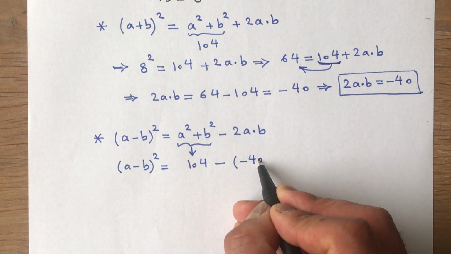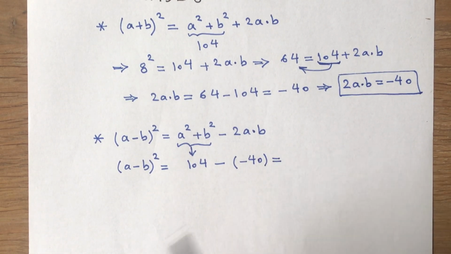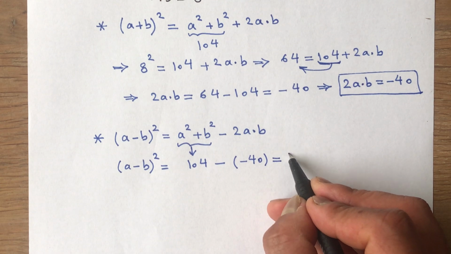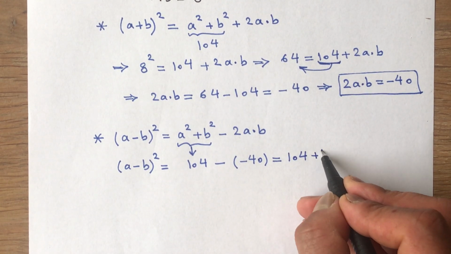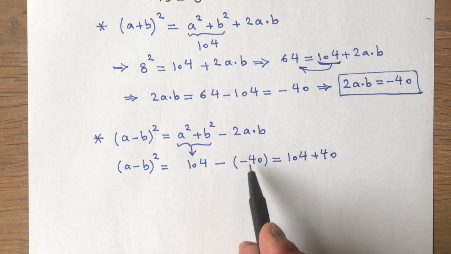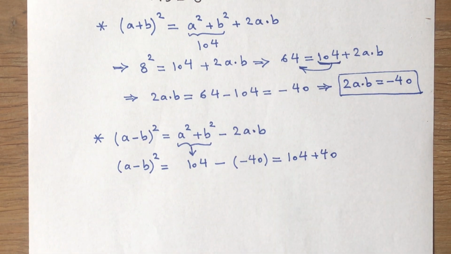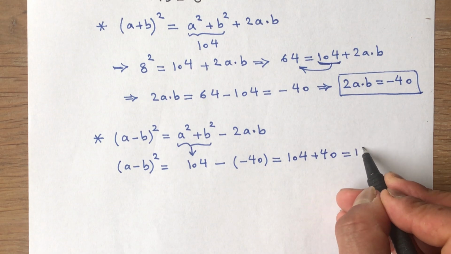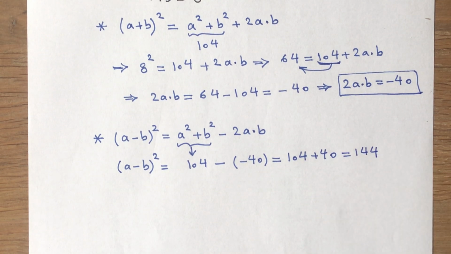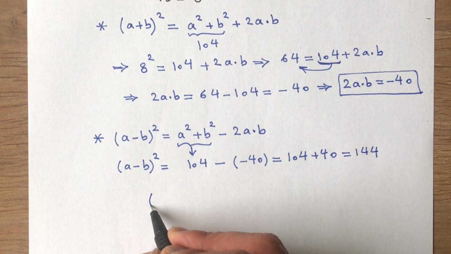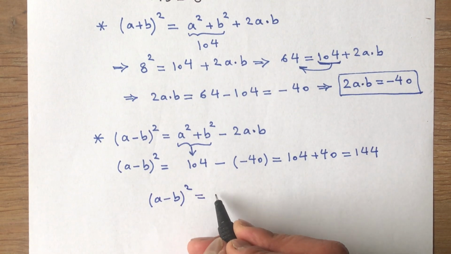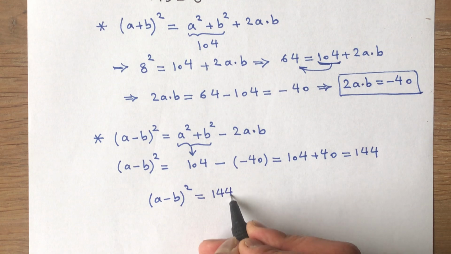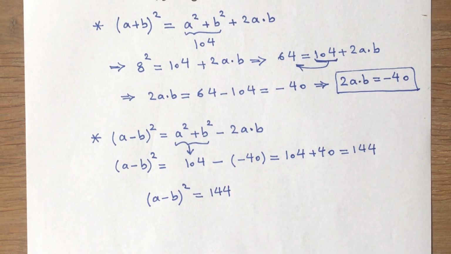So it equals 104 plus 40, because minus times minus is plus, which equals 144. (a minus b) squared is 144.